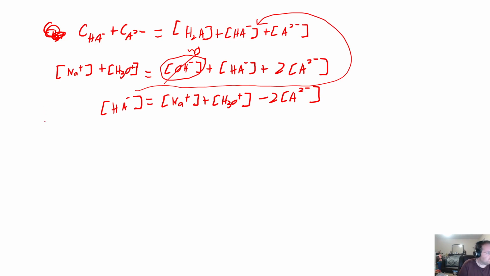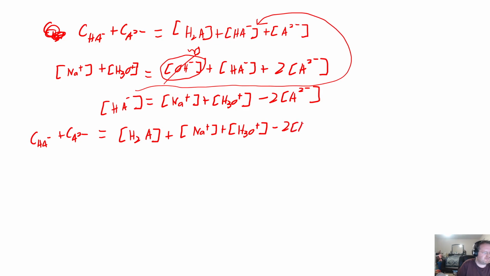So what I have is that the concentration of HA minus plus the concentration of A2 minus, remember these are both constants, we'll put some numbers in for a second, is equal to H2A plus, now it's all the species we have, so Na plus plus H3O plus minus 2 times A2 minus. That's all plugged in now. And then we add the last number on, which was A2 minus in the mass balance.